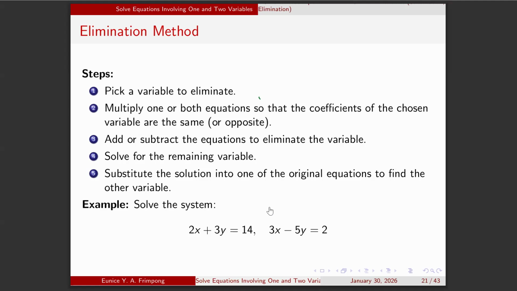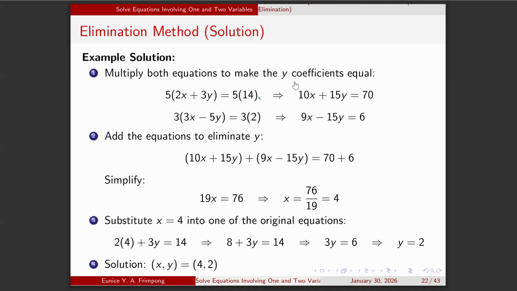We want to solve these two equations. We have 2x plus 3y equals 14 and 3x minus 5y equals 2. So what do we do?